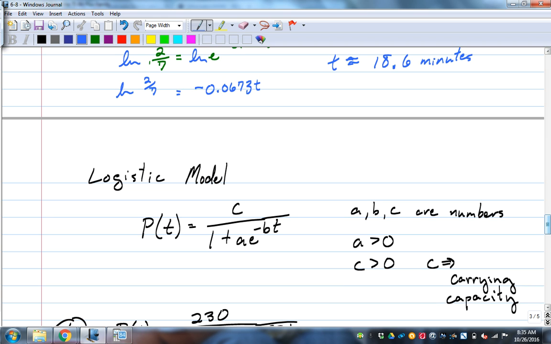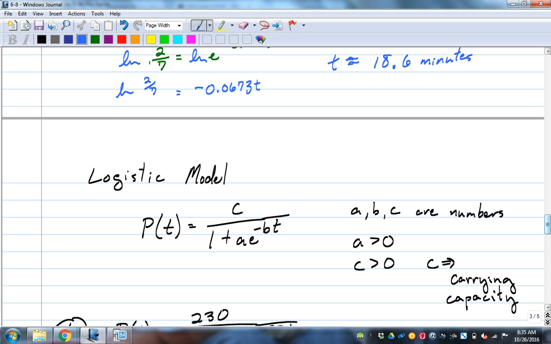And this looks complicated, but it's really not, because you look at the bottom part here. C, A, and B are all numbers. Okay, the C up top is what's called the carrying capacity, and that's what can be sustained by a system. So, like maybe it's an ecosystem or something like that, or maybe it's one petri dish.